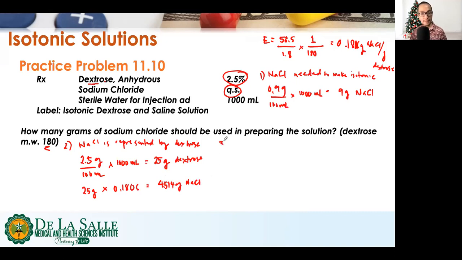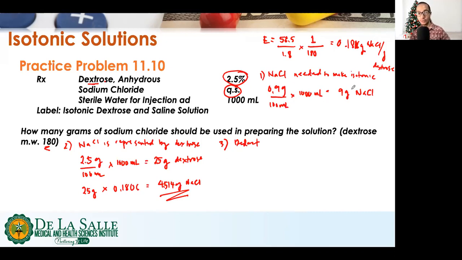Step number 3 is deduct. So you deduct the amount of sodium chloride represented by the dextrose to determine the amount of additional sodium chloride to be added to make the solution isotonic.